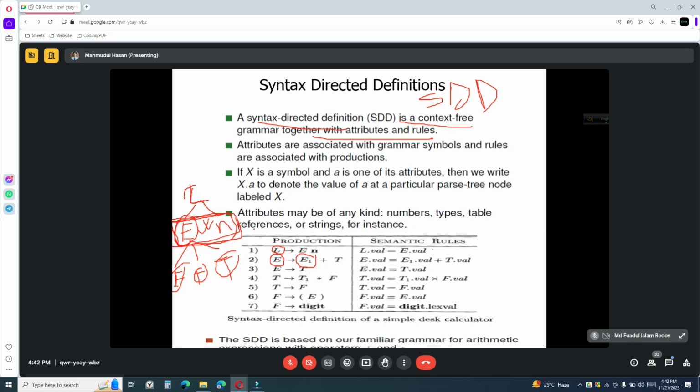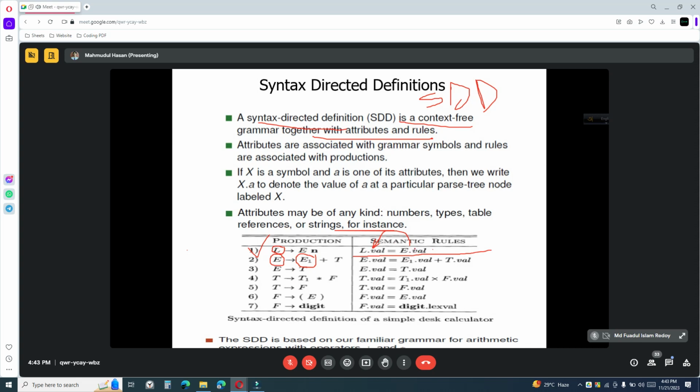Okay. So if you look at the first production rule, when this grammar is matched with your input string, then this semantic rule is used. And what is the semantic rule?